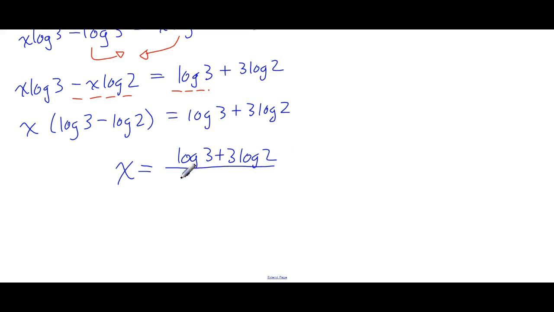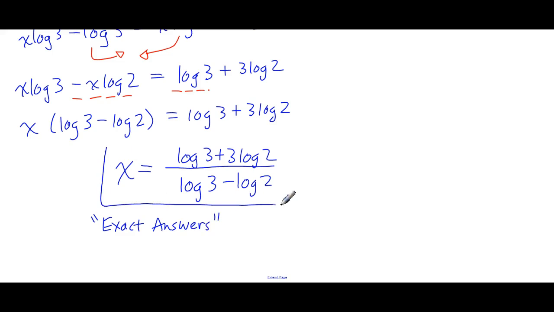And the interesting thing is, there are plenty of times where this itself is a very acceptable answer. If the question wants you to find an exact answer, and make sure you read the directions, sometimes they say find the exact answer to the equation, and then you have to find the exact answer.